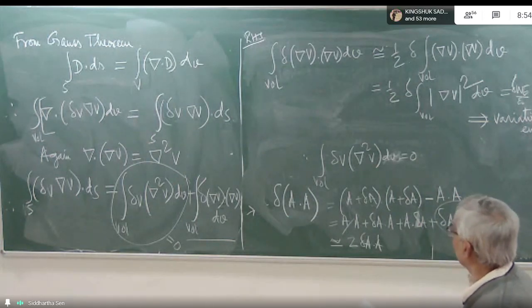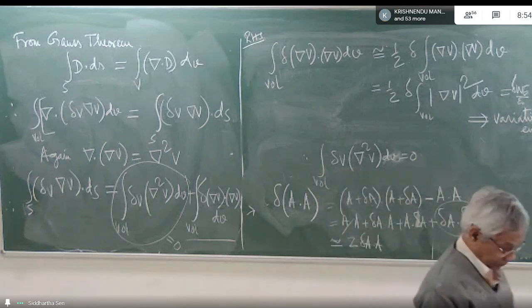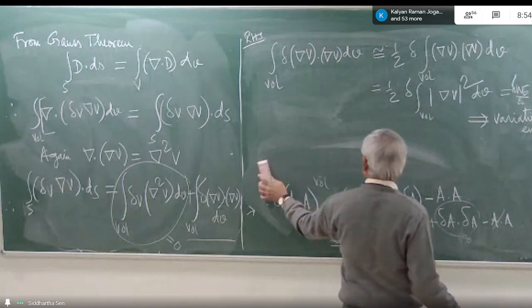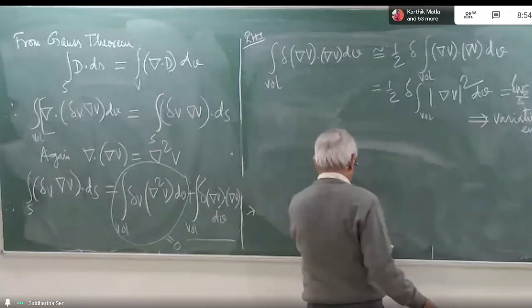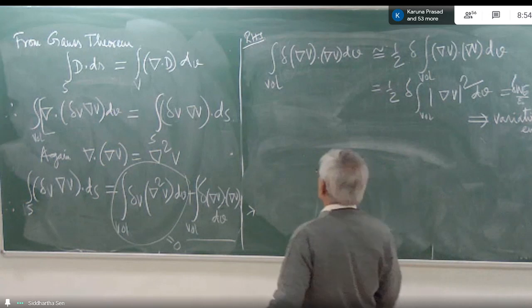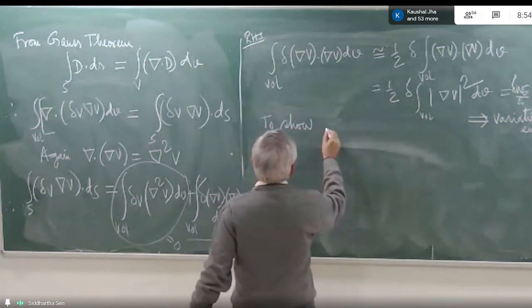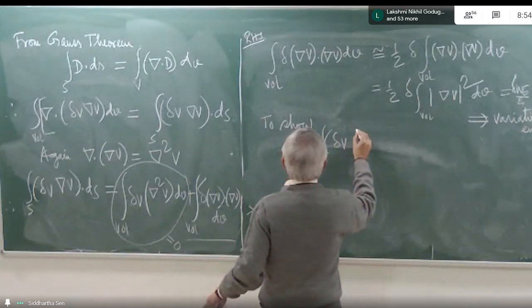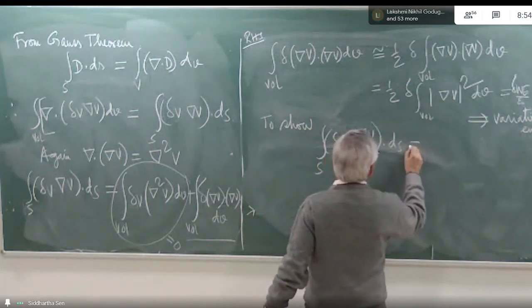So we are close to it, but what we need to show is that the surface integral of delta V into nabla V dot dS equal to 0.